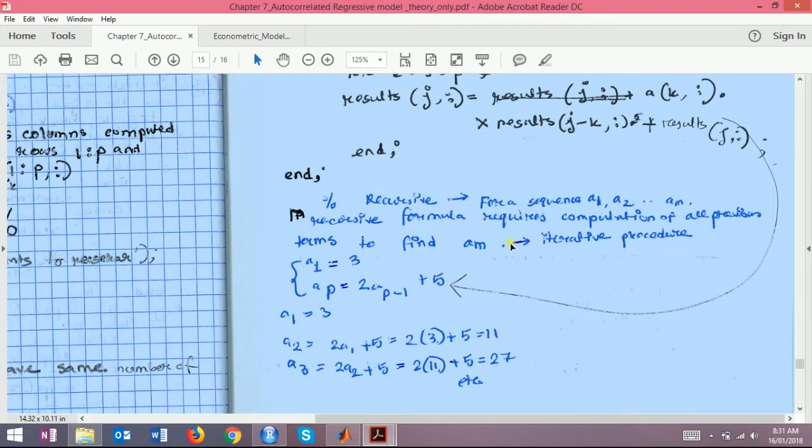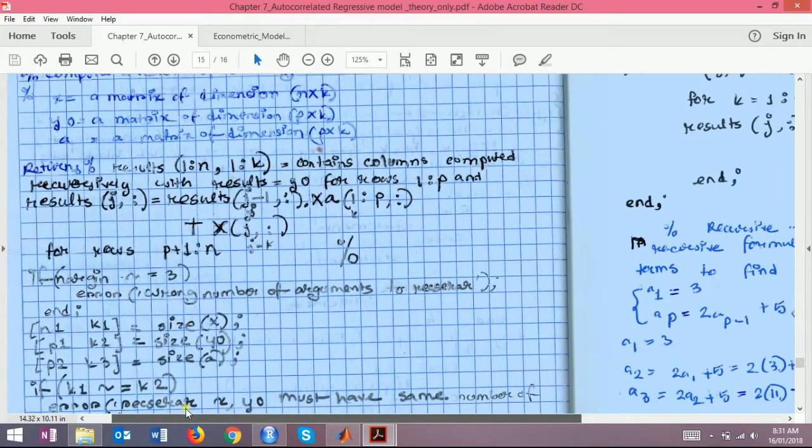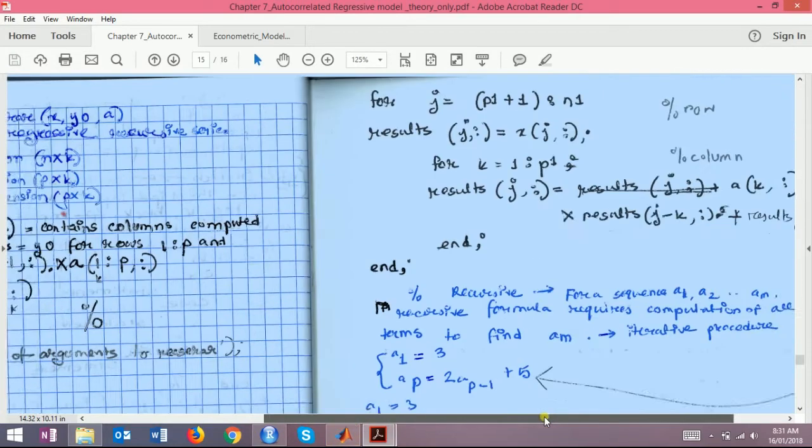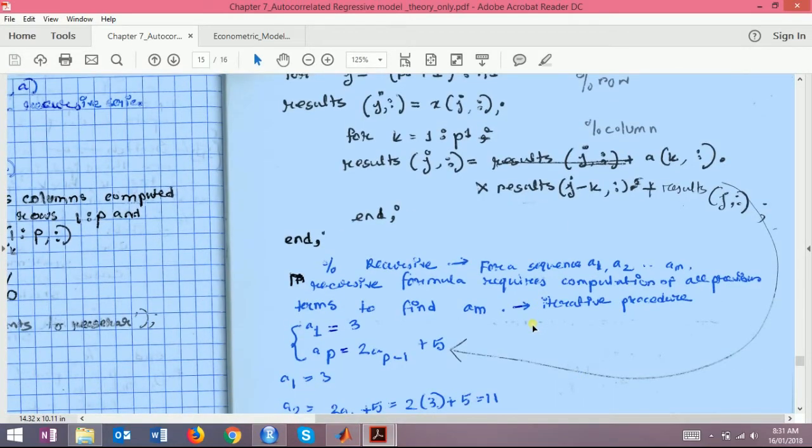First of all, the function Recursive, which computes a vector of autoregressive recursive series. So what is recursive? Recursive is for a sequence A1, A2 to AM. A recursive formula requires computation of all previous terms to find the later term AM, which is an iterative process.